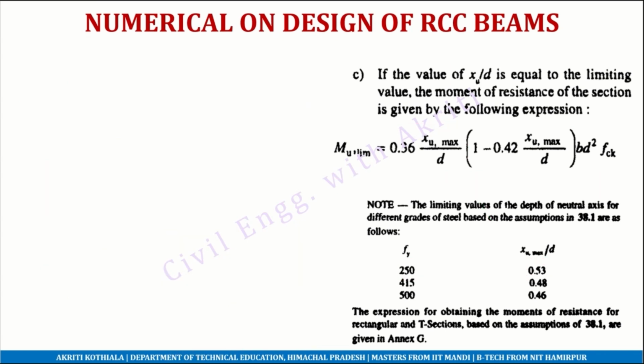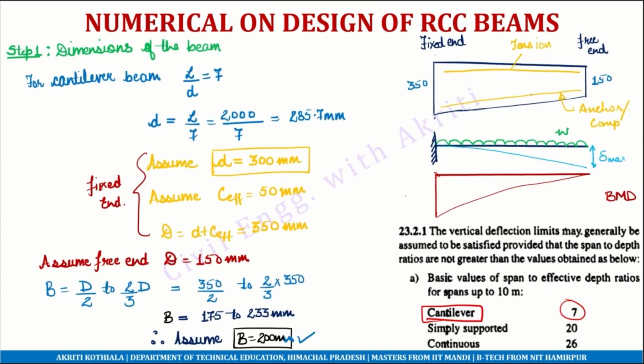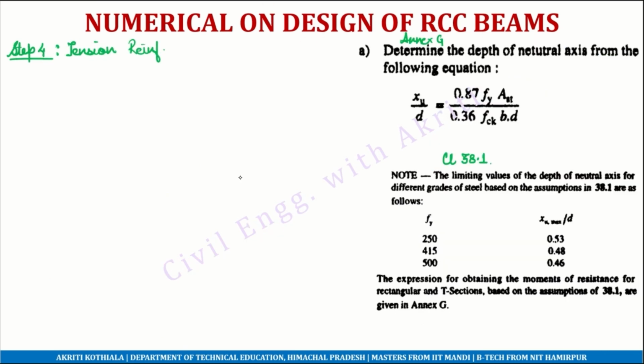Now moving on to the next step, tension reinforcement. If you recall, the tension reinforcement will be provided on the upper portion of the beam, because the beam is going to deflect like this, and compression will be experienced by the lower end of the beam in a cantilever beam. So we'll be using Annexure G and clause 38.1 to calculate the value of the AST required.